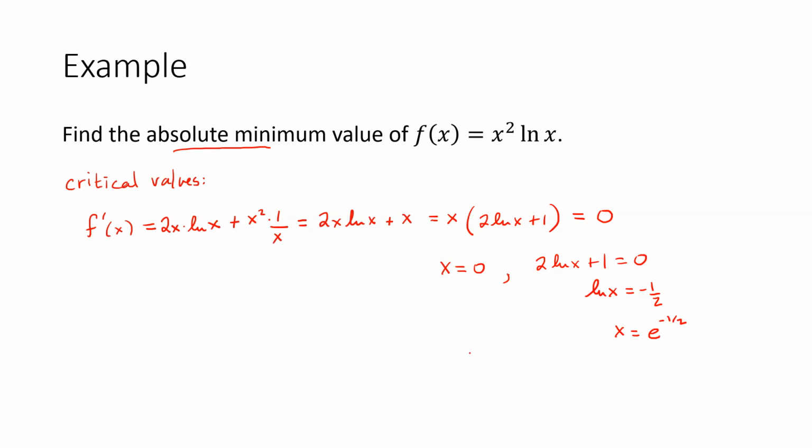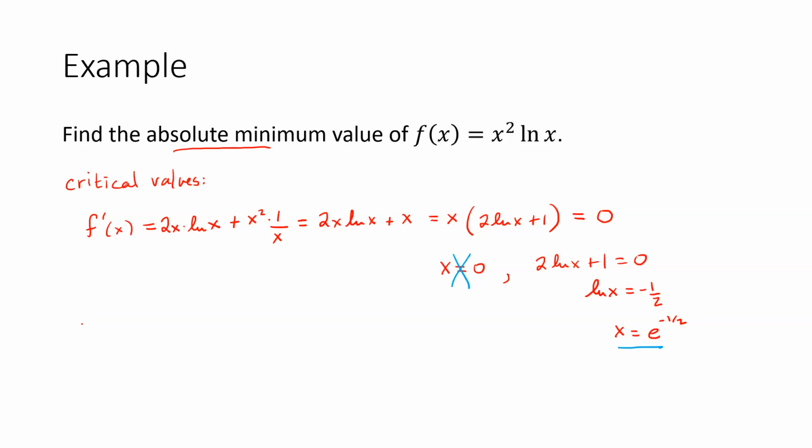So the question is, which of these points would we consider to be the absolute max, or in this case actually the absolute minimum? Since x equals 0 is not in the domain of our function, notice that our function can only consider values of x that are greater than 0, right? Since ln of x doesn't consider x equals 0 part of its domain. So we wouldn't consider x equals 0 as a critical point. So we really only have this one critical point at x equals e to the negative 1/2 power.